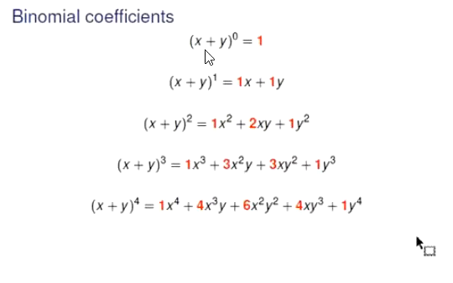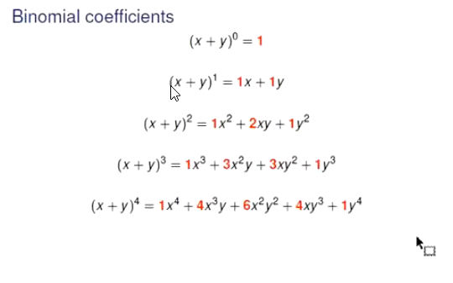So with the help of this, how can we solve it? We will take the first example, (x + y)^0. What will be the result? The result will be 1, because any value to the power 0 becomes 1. The next one, (x + y)^1.